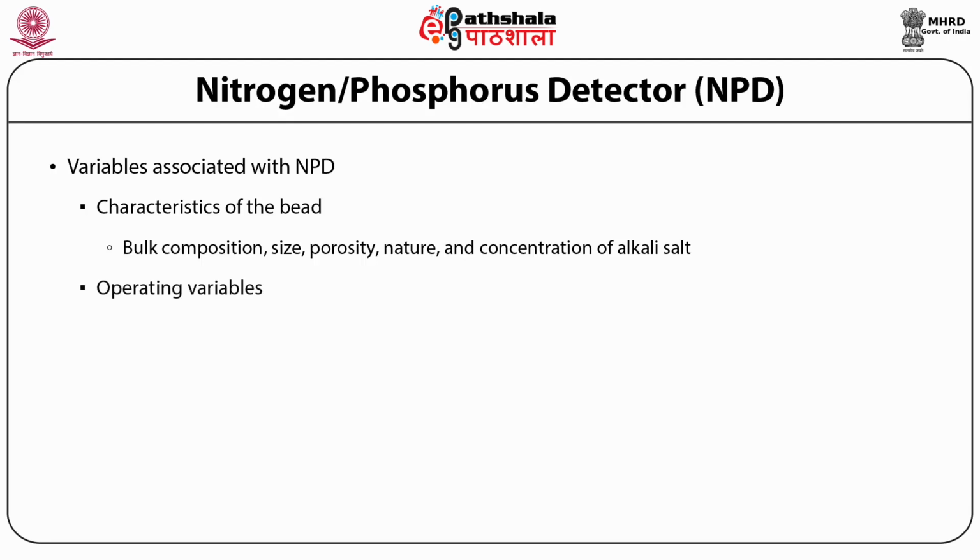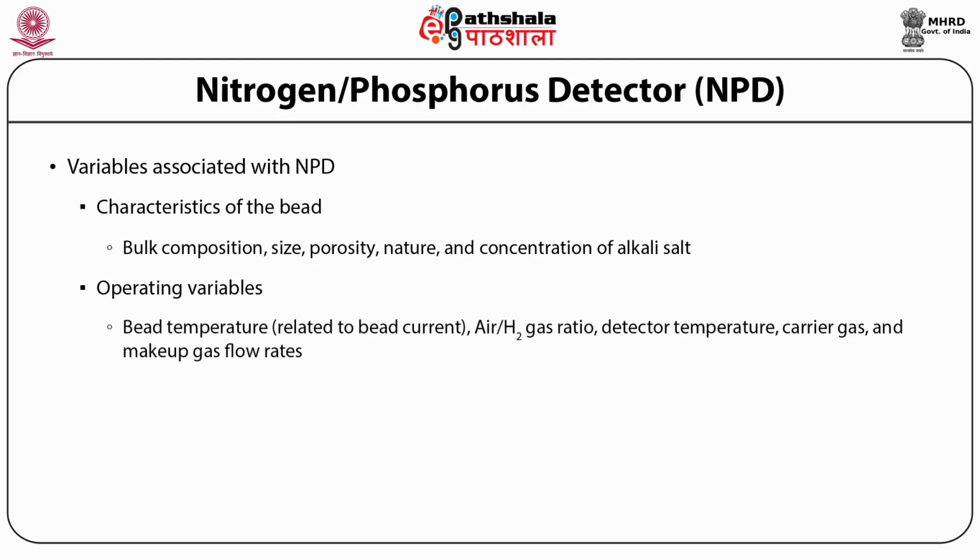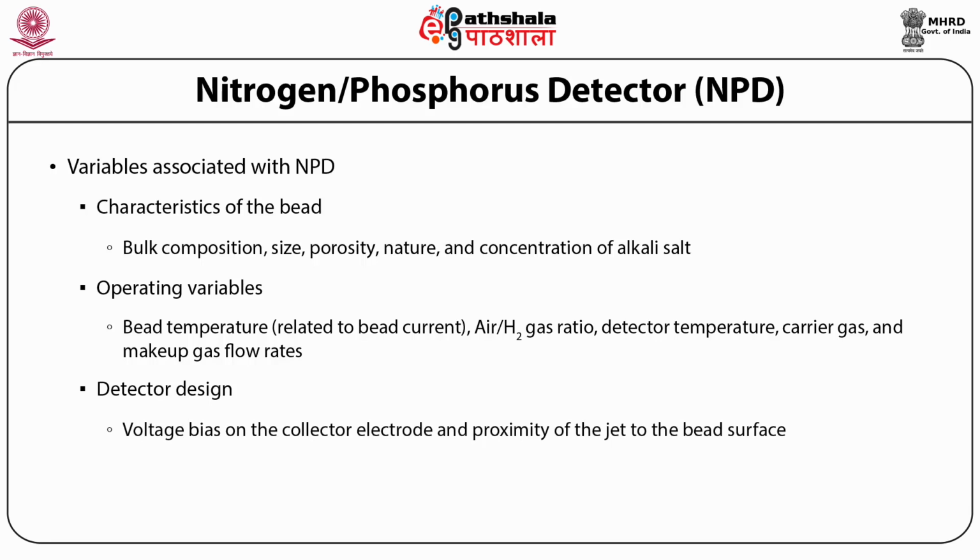The next variables are the operating variables, which include bead temperature related to the bead current, air to hydrogen gas ratio, detector temperature, carrier gas, and makeup gas flow rates. Detector design is also a variable, where voltage bias on the collector electrode and proximity of the jet to the bead surface matter. Bead history, such as age, exposure to poison, and maximum temperature. So these are basically the variables associated with the nitrogen phosphorus detector.